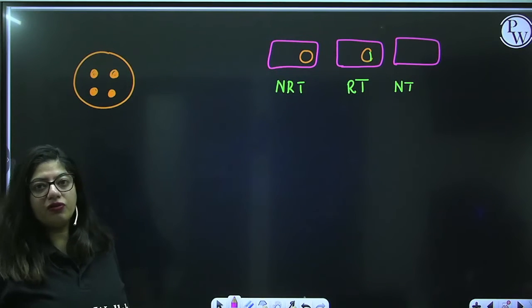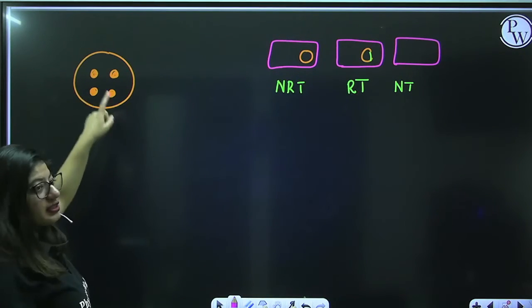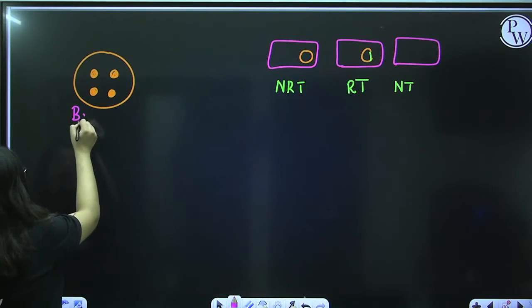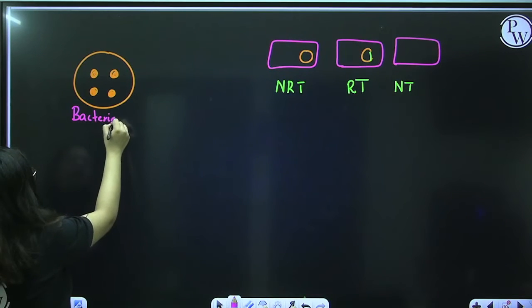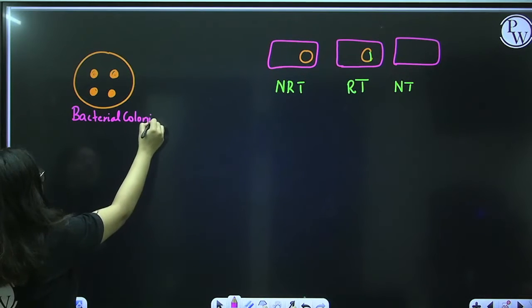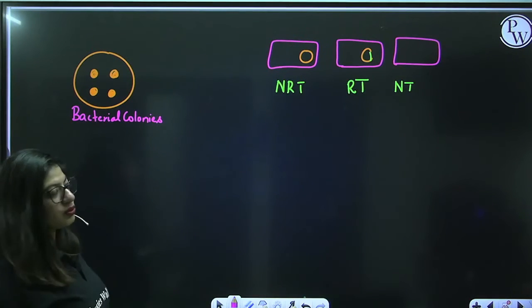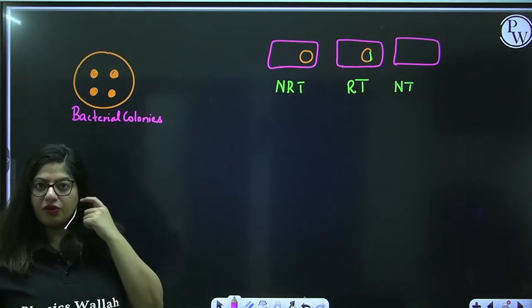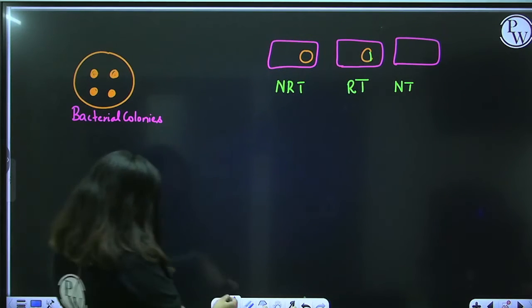We have to find out which of these bacterial colonies is transformant, which is non-transformant, which is recombinant, and which is non-recombinant. Now let's see.